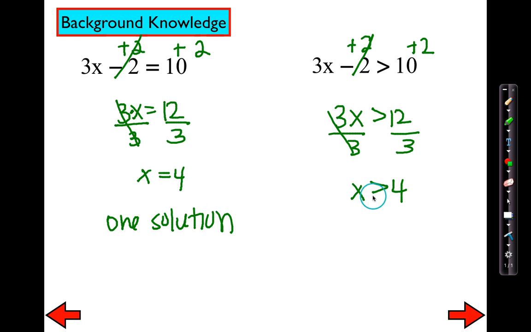There are plenty of numbers greater than 4, including 5, 6, 7, 8, 9, 10. You could have included 4.5, 4 3/4, etc. So in this case, there isn't one solution. In fact, there are many solutions. So that's the main difference between an equation and an inequality.